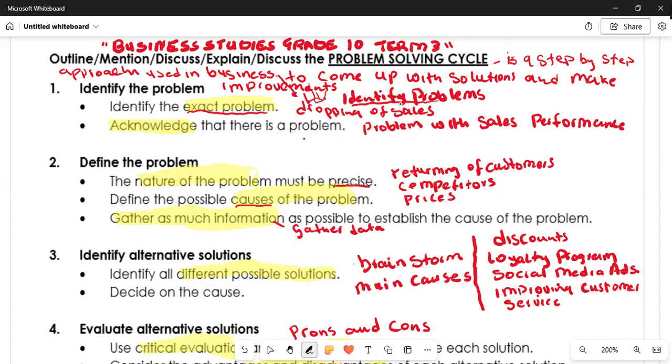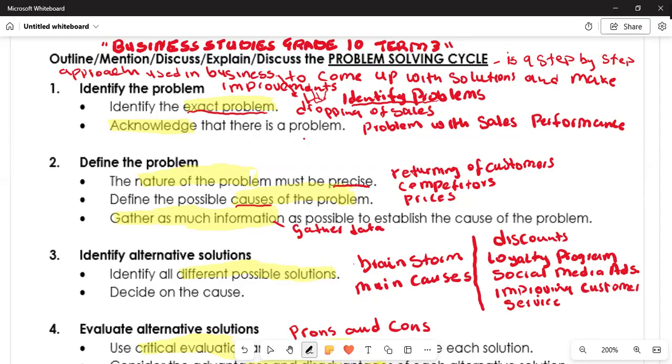So the first step that you're going to talk about is identify the problem. Identify the exact problem. We can make an example whereby a clothing store realized that its monthly sales have dropped significantly.